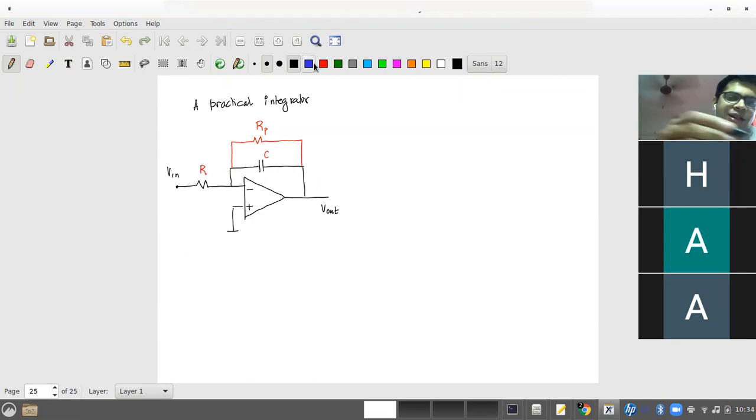So keep in mind that the relationship of minus R2 by R1, you can also extrapolate to impedances. So you can relate it to minus Z2 by Z1, where Z2 is the parallel combination of RP and C. If this parallel combination was some Z2 and this was Z1, then your V out by V in is minus Z2 by Z1, which in this case is what? Somebody work it out and tell me.